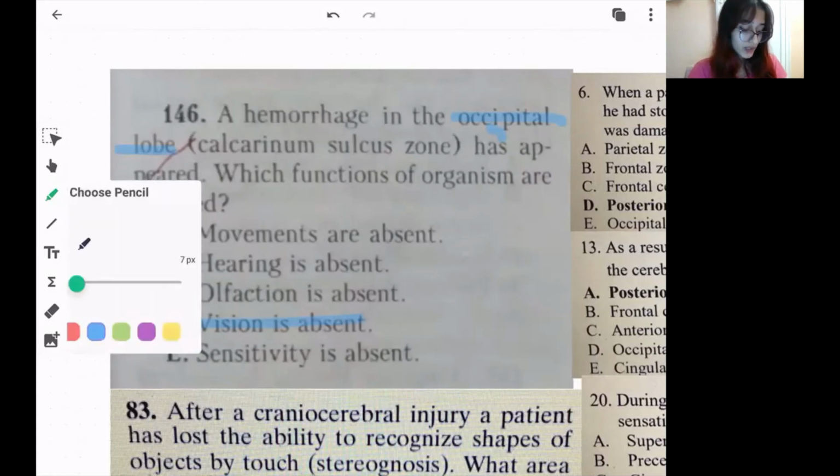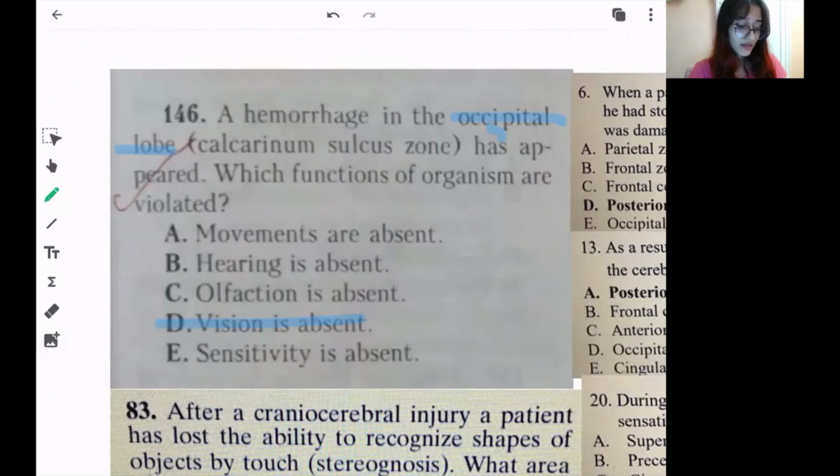Can you tell me about the other options? If the movements are absent, in which lobe will there be a problem? In the frontal lobe. Hearing, in the temporal lobe. Olfaction and sensitivity are mainly general sensations, so again this will be the postcentral gyrus or the parietal lobule.